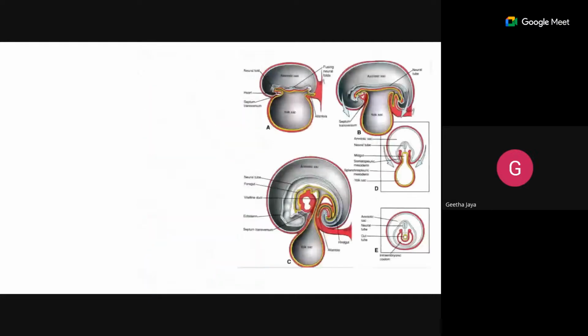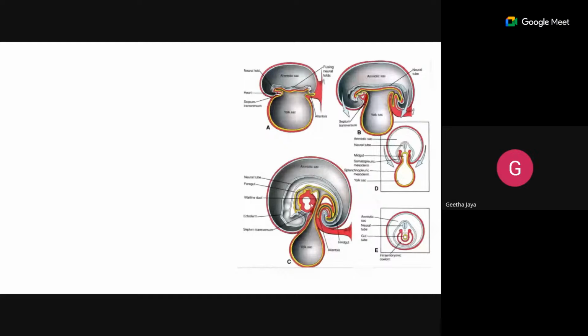Coming to it again, in this picture you can see the reduced yolk sac and the change in orientation of the cranial and caudal structures. This is the lateral folding.